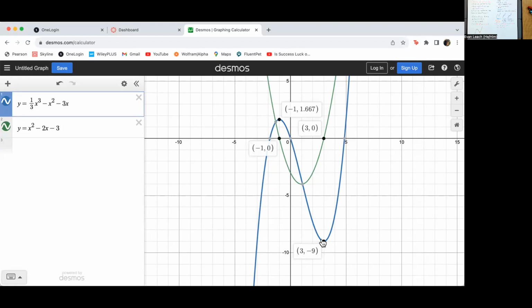Before -1, the derivative is positive, and we saw the function increasing. Between -1 and 3, the derivative is negative because it's below the x-axis, and the function was decreasing. And then after 3, the derivative is back to being positive and it will be positive forever, and the function will go back to increasing and be increasing forever.